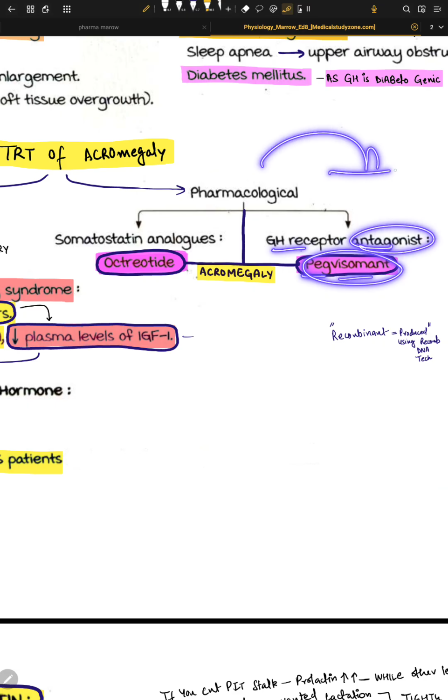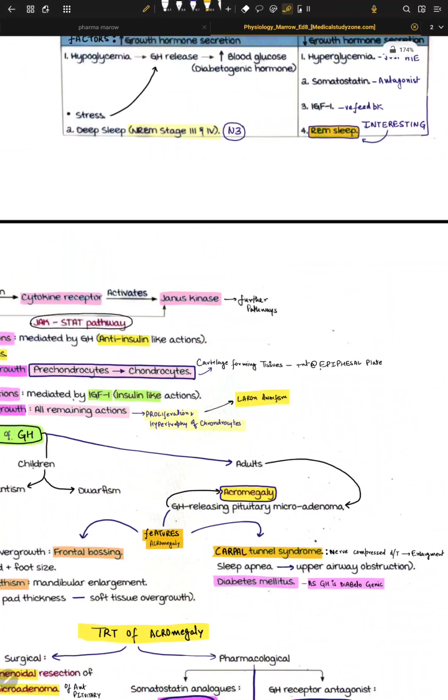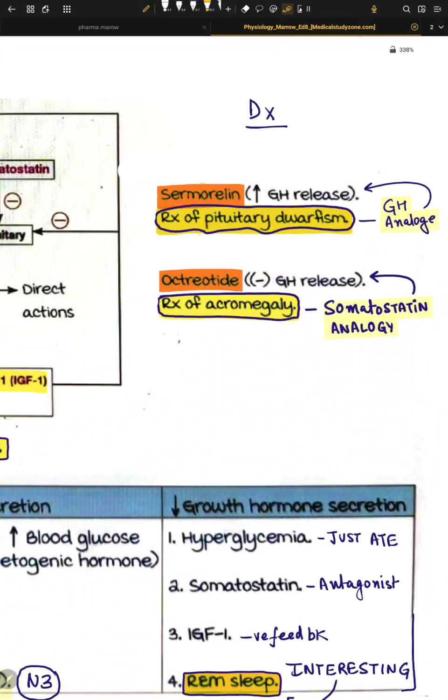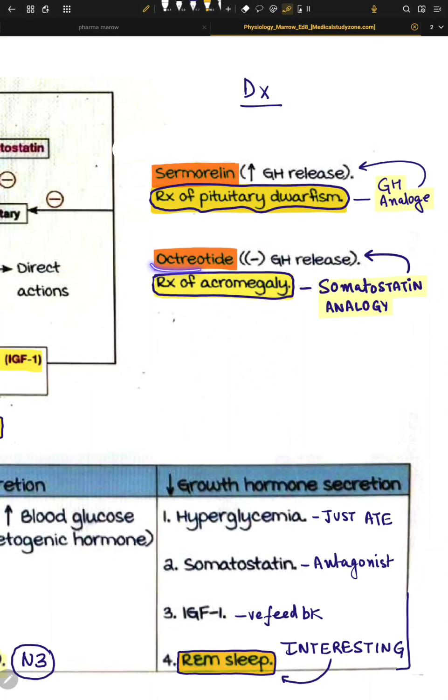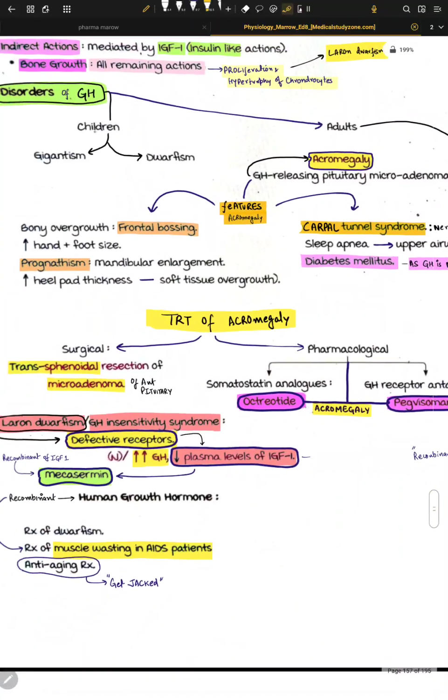It sits at the receptor and doesn't let GH bind to its cytokine receptor. And octreotide is a somatostatin analog. So I told you somatostatin analog, this one, octreotide, can be used for acromegaly. Cool.